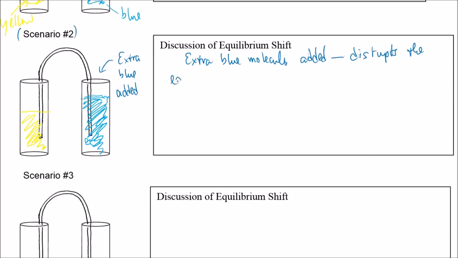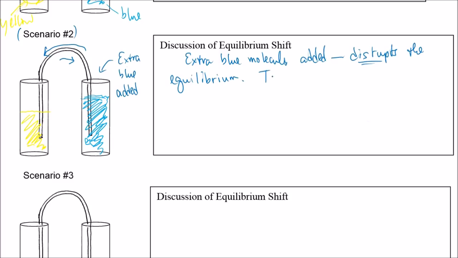So this is what is meant in Le Chatelier's principle by a stress or perturbation or a change. We've disrupted the equilibrium. At this time, with the extra blue, then we have a bigger arrow going from right to left, and a normal size arrow going from left to right. So here is an imbalance, right? An imbalance.